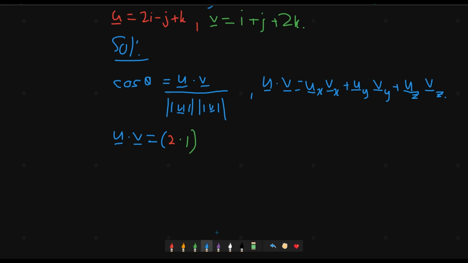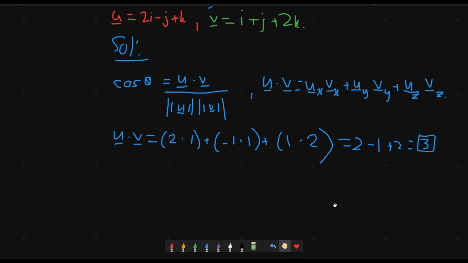Then it's going to be plus 2 times 1 plus negative 1 times 1 plus 1 times 2. Okay, very nice. We can simplify this down a bit. We get 2 minus 1 plus 2, which of course equals 3. So u dot v is 3.